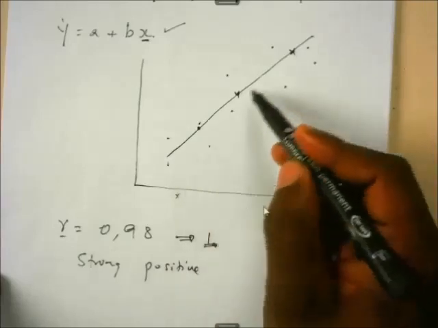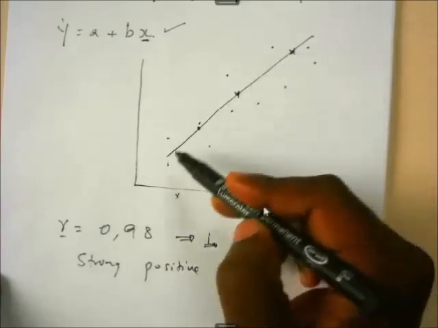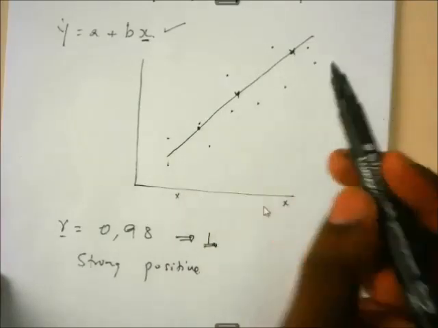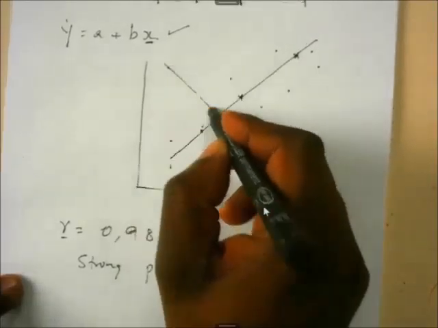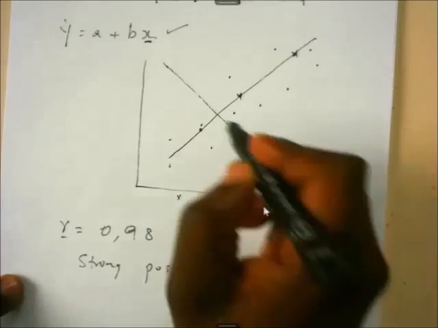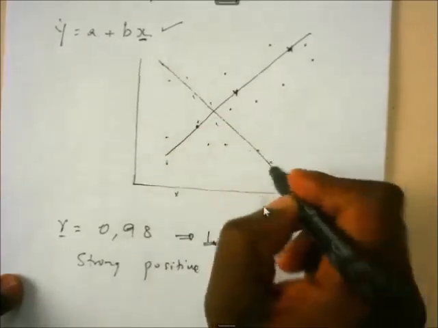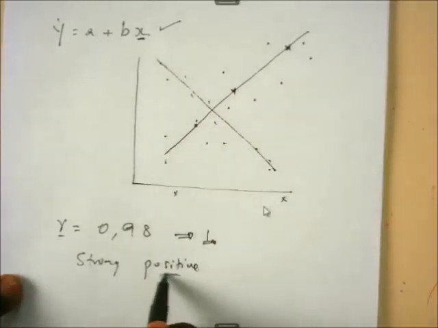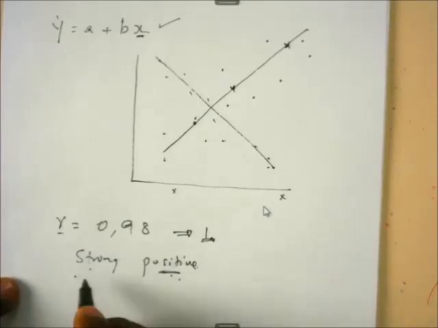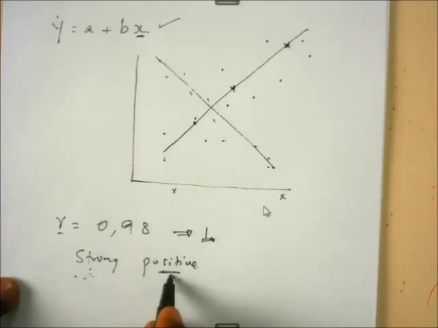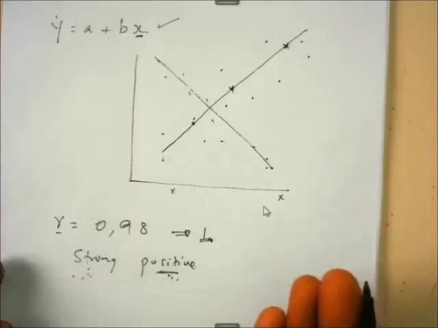Now positive, and you realize that here the gradient of this line is a positive gradient. But you know that your teacher will explain this to you. When the line moves like this, then instead of positive, the relationship will be a negative correlation. It is strong negative, moderate negative, weak negative, but those two words must be mentioned, whether strong negative or strong positive.